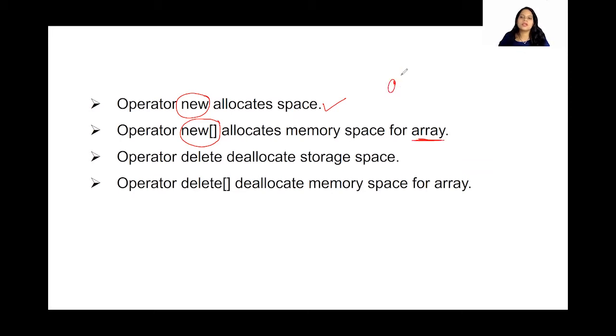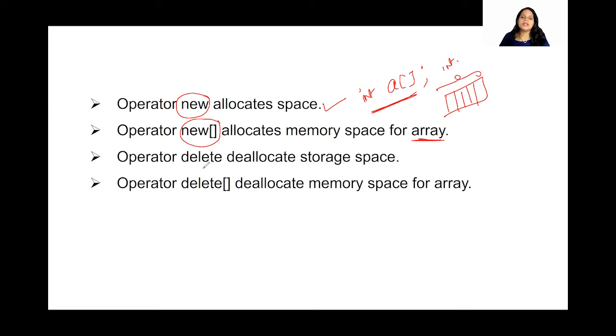Arrays, you might know, we always declare it something like this, isn't it? When I say this, A is an array, it means we are allocating a consecutive memory location in the memory, and this is of type int, isn't it? So similarly, when I say new with open bracket close bracket, it is going to allocate memory space for an entire array.